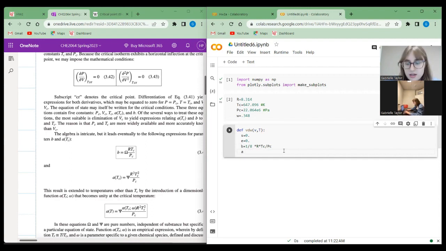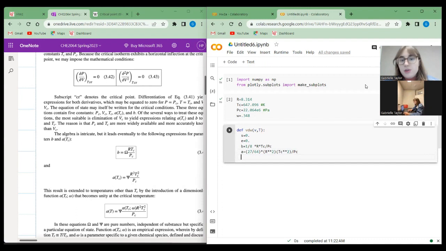Then our A is going to be, like we derived in our equation, 27/64, and we're going to multiply this by R squared times the temperature at the critical point squared, divided by PC.